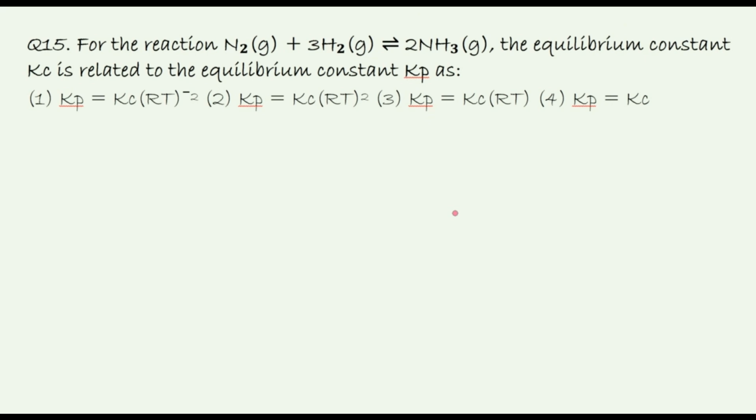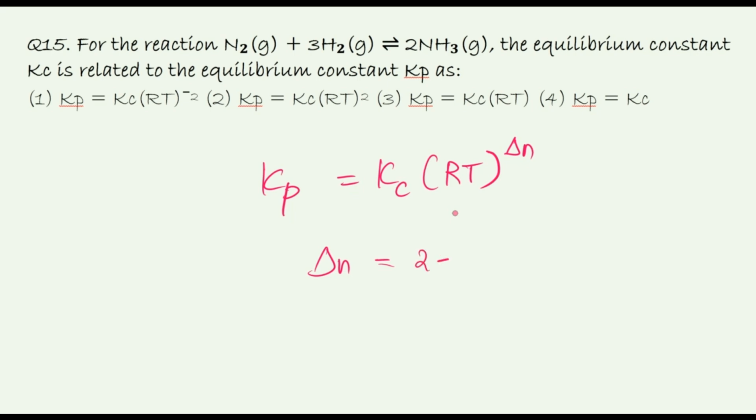Then for the reaction of Haber's process of ammonia, the equilibrium constant Kc is related to the equilibrium constant Kp as? We know the simple equation Kp equals Kc RT power delta n. What is delta n? Number of moles of product minus reactant.